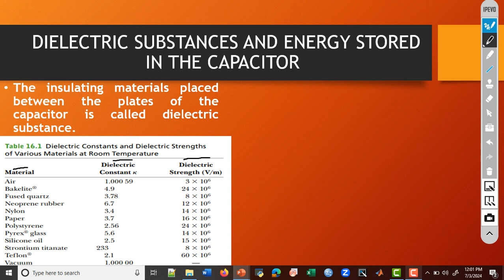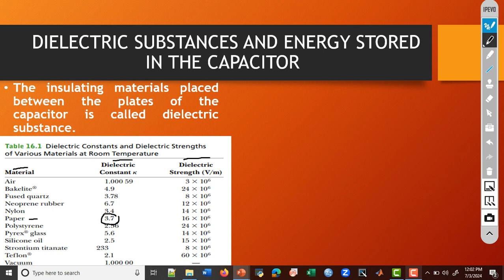So if we place, let's say, bakelite in between the plates of a capacitor, it will increase the capacitance of that capacitor by this amount. Let's say we decide to use a dielectric substance like paper. We place it in between the plates of the capacitor. It will increase the capacitance of the capacitor by this amount, 3.7. So that's the meaning of the constant here.